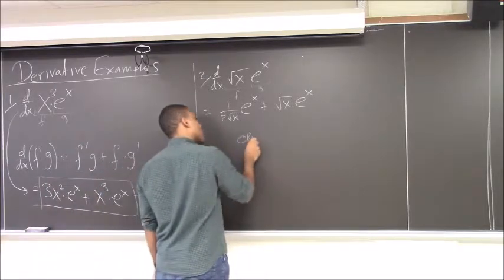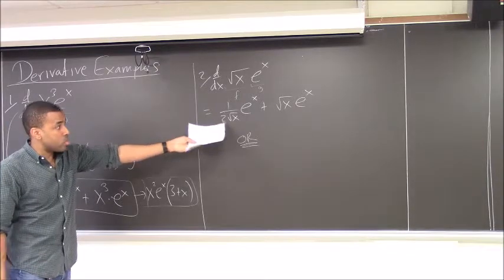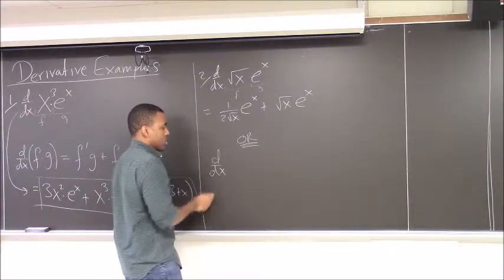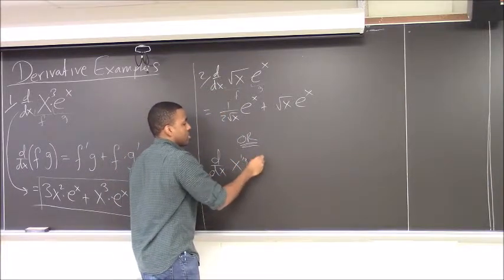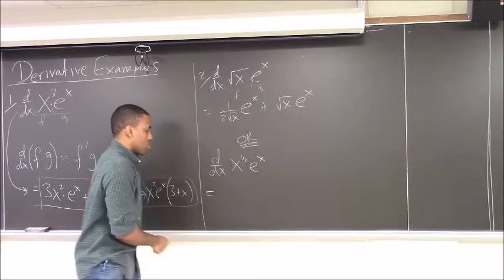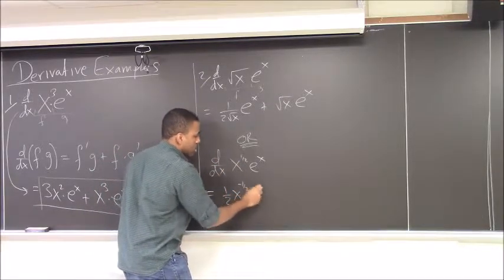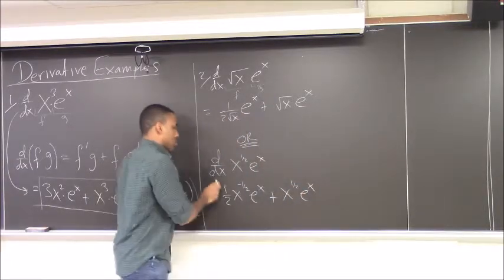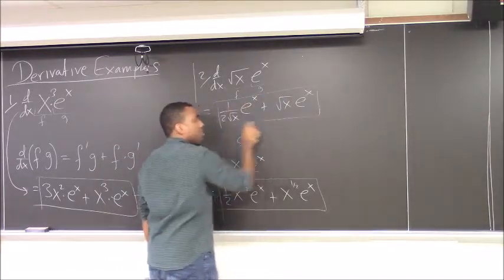Or, if you forgot that the derivative of radical x is 1 over 2 radical x, you could derive this from scratch from the power rule by rewriting it as x to the 1/2. Then applying the power rule, you get the 1/2 x to the minus 1/2, plus. Either one is fine.